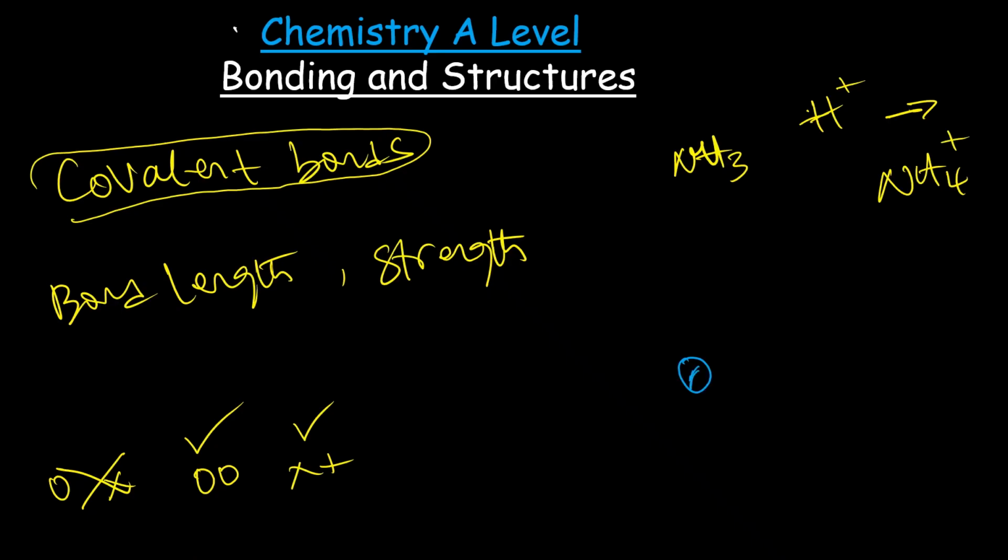Now nitrogen: the first shell contains 2 electrons, and the second shell contains 5 electrons. So we have 1, 2, 3, 4, and 5. Now this nitrogen combines with three shared electrons from 3 hydrogens to form ammonia.